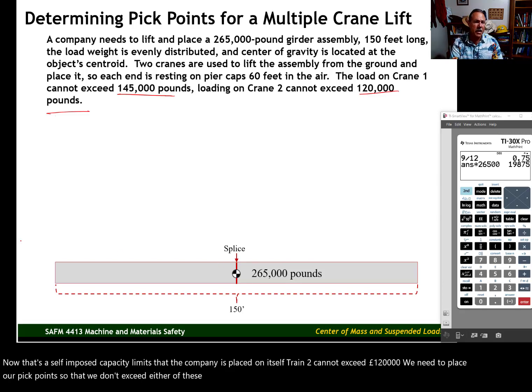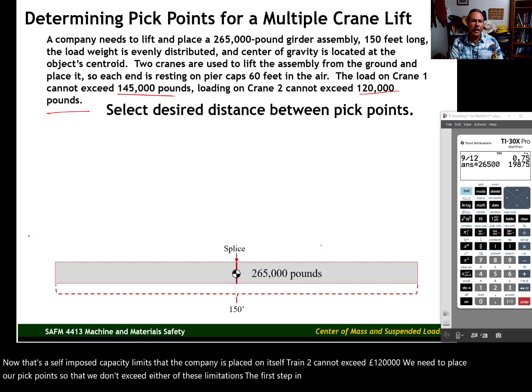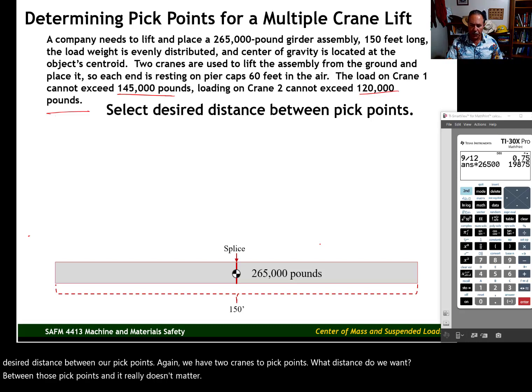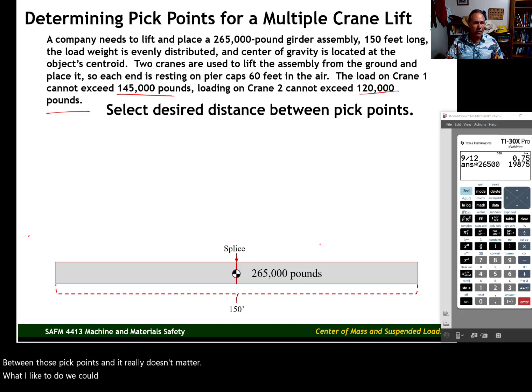The first step in this process is to determine our desired distance between our pick points. Again, we have two cranes, two pick points. What distance do we want between those pick points? It really doesn't matter. We could use 75, 85, 100 feet.